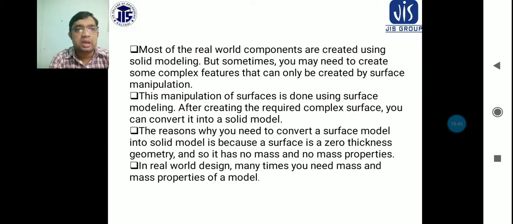The surface has no mass and no mass properties. In real world design, many times you need the mass and mass properties of a model, so you have to convert the surface model to a solid model.